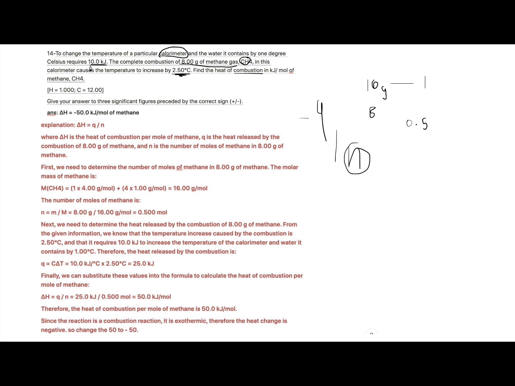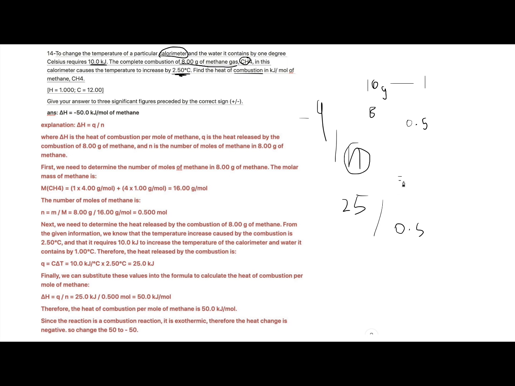If 1 degree Celsius gives out 10 kilojoules, then 2.5 gives out 25 kilojoules. So you just multiply those two together, and your Q is 25. Then 25 over 0.5, and when you divide those two, you get 50.